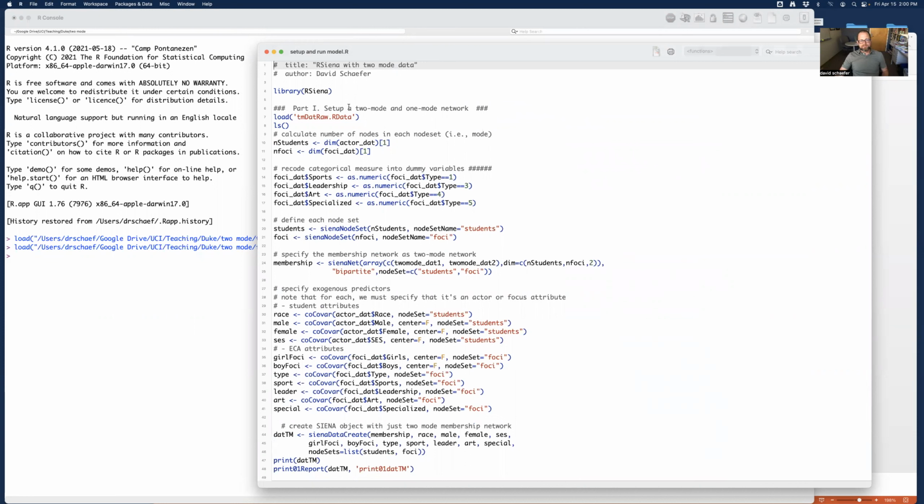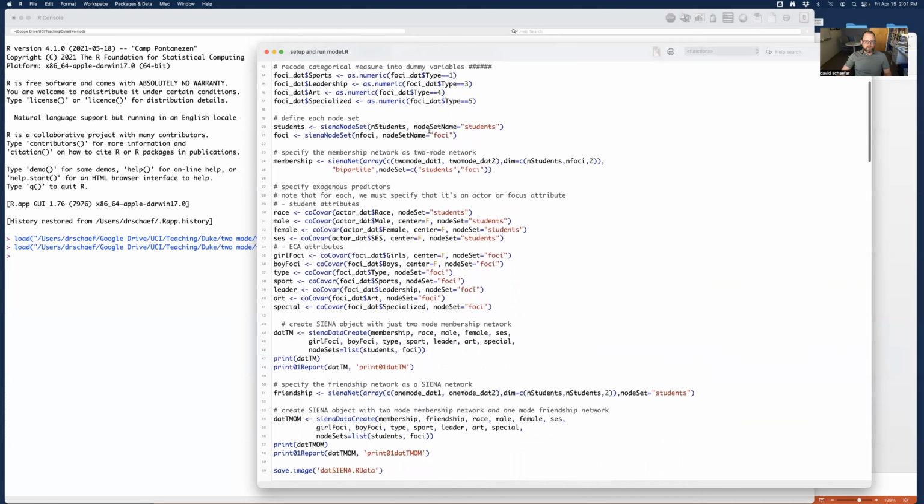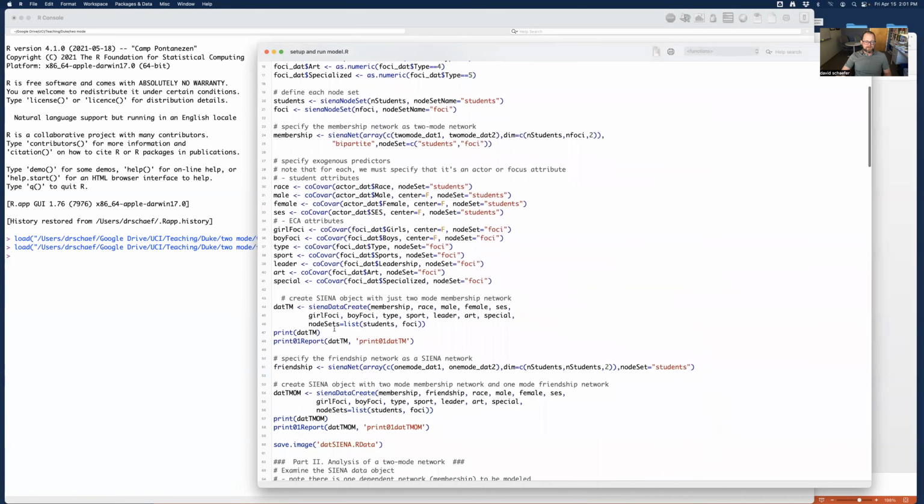I'm going to go briefly. Part one here sets up the data. The data is a set of matrices and data frames that then get turned into Siena objects, and you can walk through those steps here. We ultimately create two data sets: one is just the two-mode network, and one is the two-mode plus the one-mode.